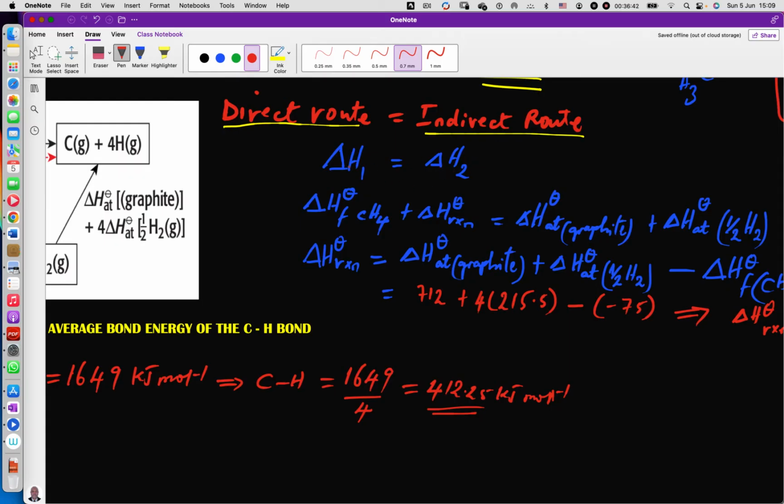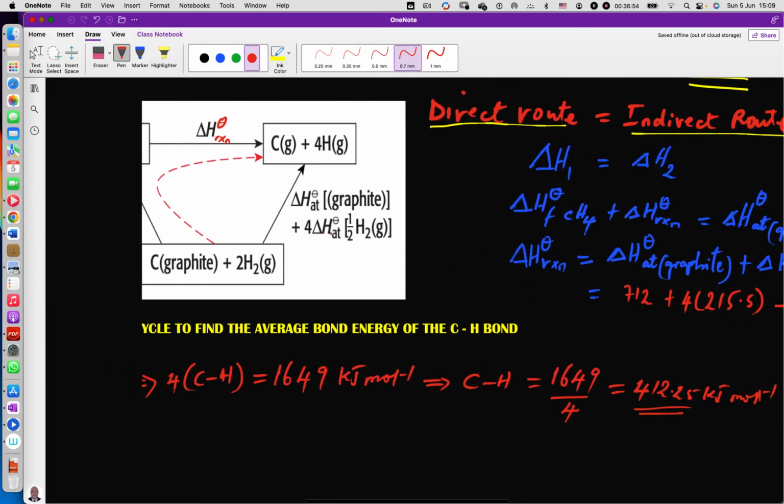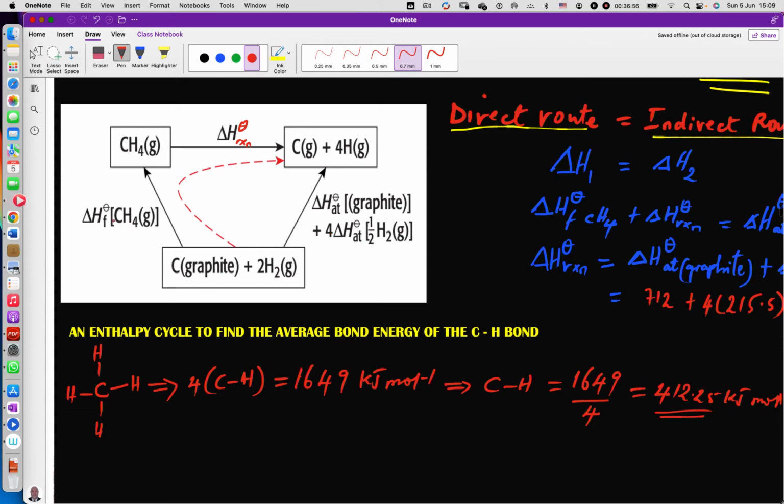I have just put enthalpy 1 and enthalpy 2 there, but we are going to substitute them with the real values. So enthalpy 1 is equal to what?